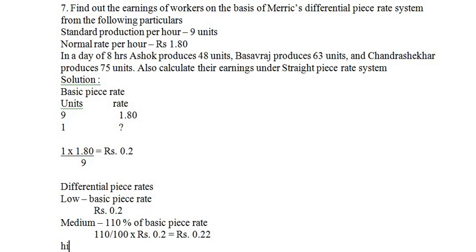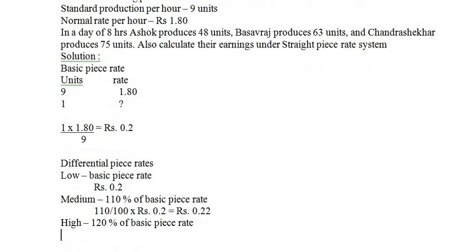Next is calculate high piece rate. High piece rate is 120% of basic piece rate. 120% into rupees 0.2, which is equal to rupees 0.24.